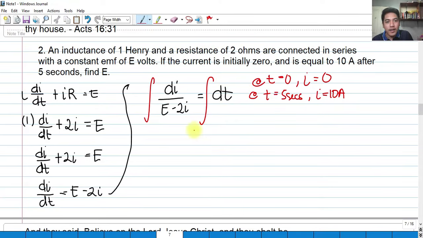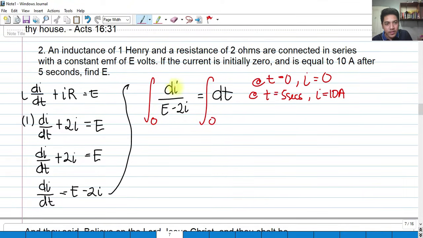We are integrating these two sides by variable separable. What will happen here is that this side is in terms of current, and this side is in terms of time. So if we want to find the value of E, we can simply substitute these as our limits for the integration. At time t equals 0, the current is 0.